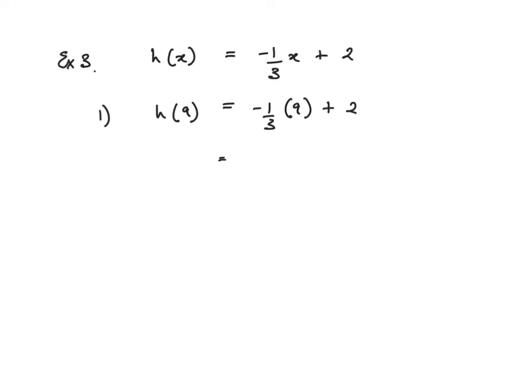Now, we know that 1/3, so if I just take away the minus just now, 1/3 of 9 is 3, so minus 1/3 of 9 is minus 3. Minus 3 plus 2 is minus 1.